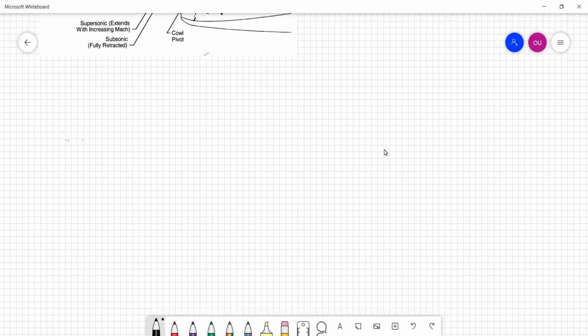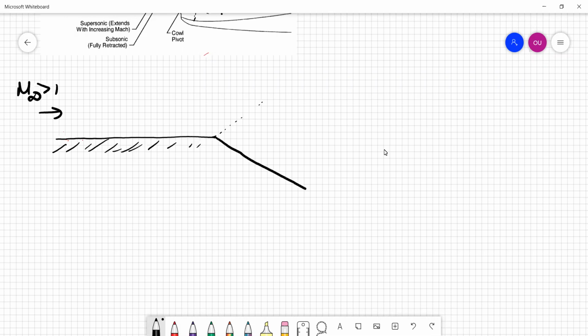For example, if we have a geometry like that, on top of which we have a supersonic airstream, and suddenly the geometry does the opposite. We have the opposite geometrical change compared to a ramp. If it was a ramp, it was going like that. But instead, the geometry actually turns down, so it goes like this.